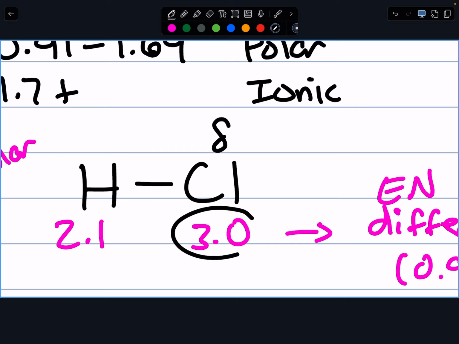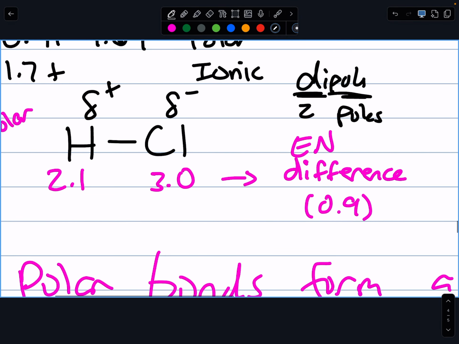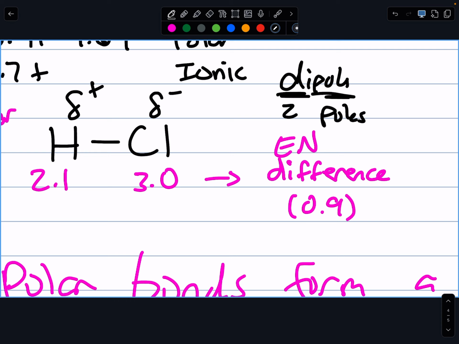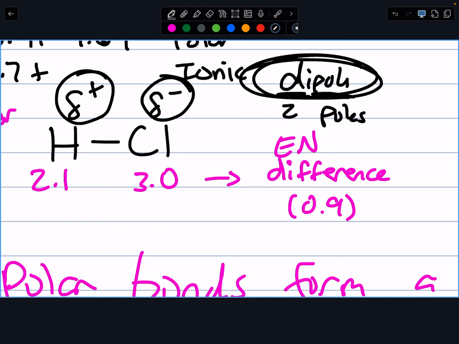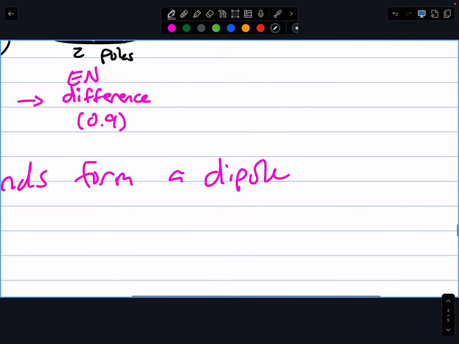Chlorine in this case is more electronegative, so it has the stronger attraction and is partially negative, while hydrogen is less negative, so we say positive. We call it a dipole because there are two poles. What's a pole? An electrically charged region. Here's one pole, here's another pole. This whole thing is called a dipole. Again, all polar bonds form a dipole.